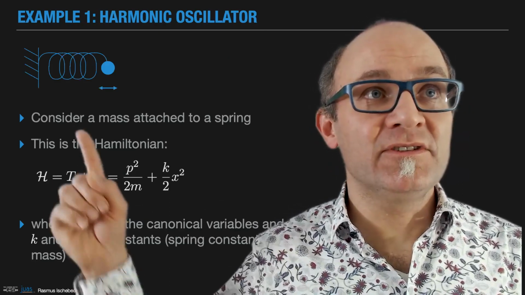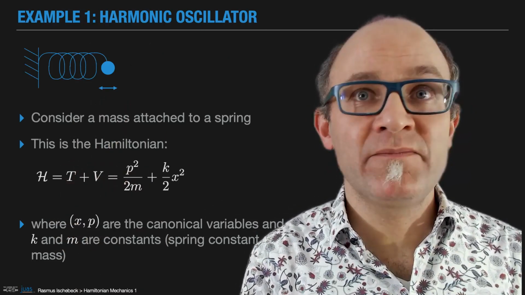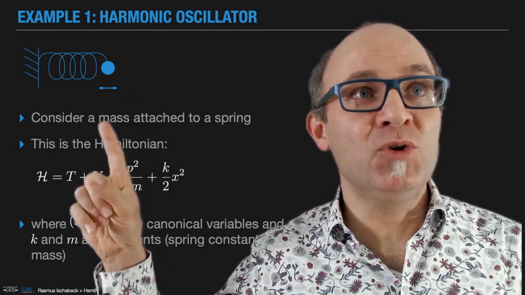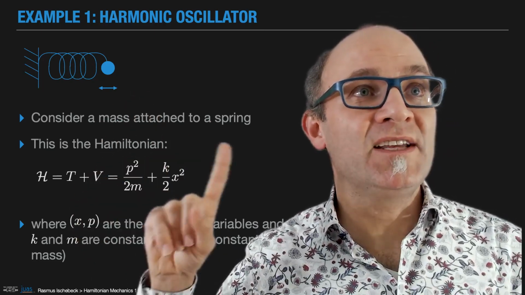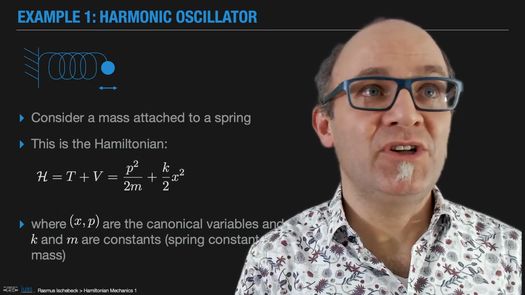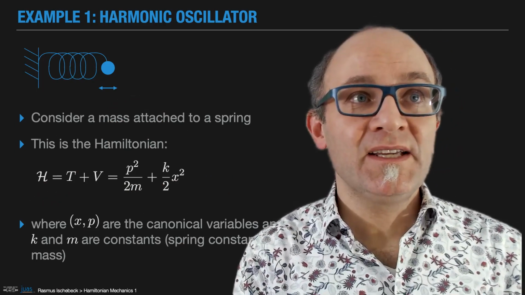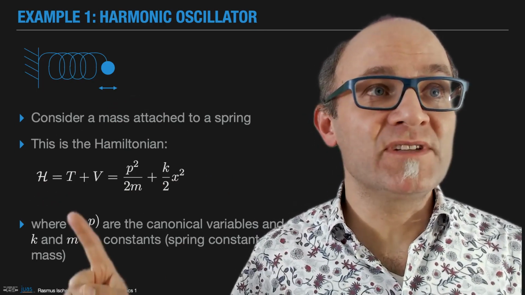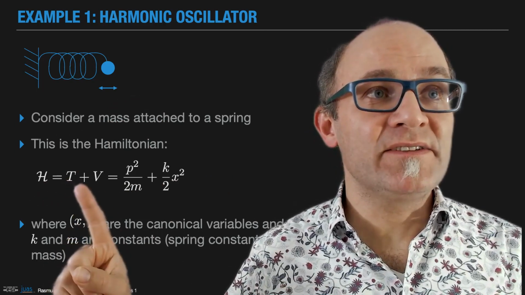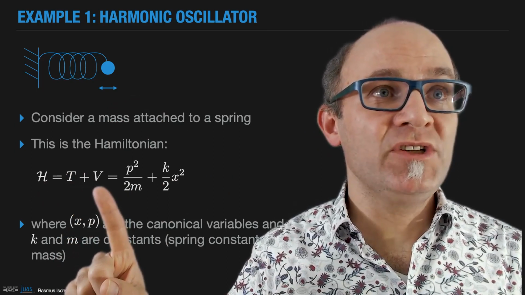We have here a harmonic oscillator, so a mass attached to a spring, and you hopefully remember that if you set this in motion, this mass oscillates left and right in a sinusoidal way. If we want to treat this in the Hamiltonian formalism, we start off by writing the Hamiltonian as the function of the kinetic energy plus the potential energy.